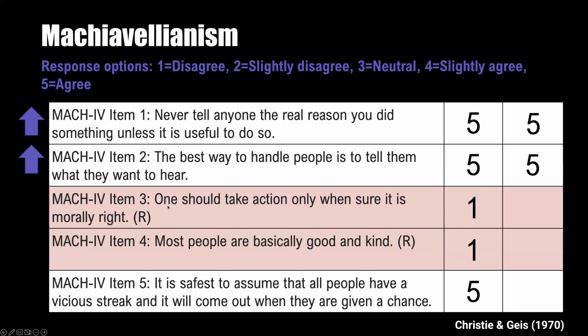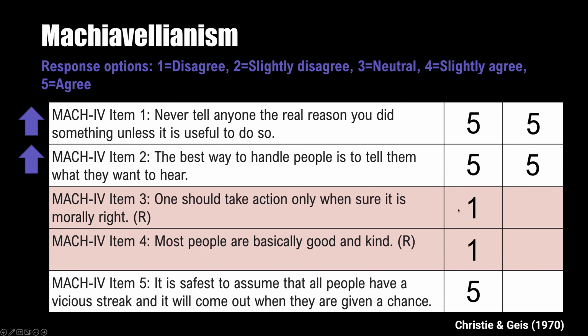If you are high in this question, it's saying that you're moral in your actions, or that people should be moral in their actions. Machiavellianism is more morally loose. There's not as much adherence to moral action. So this is the wrong direction.